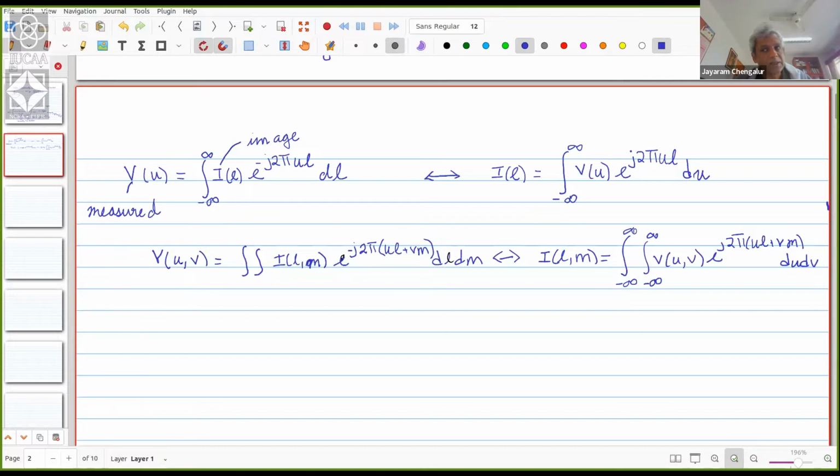How does the new visibility function, V as a function of U and V, differ from the V of U that we found previously, except for the integration? It doesn't. I did that whole derivation assuming that we are living on a plane, on a sheet of paper, and the sky is a circle. But in reality, the sky is not a circle; it's a sphere.